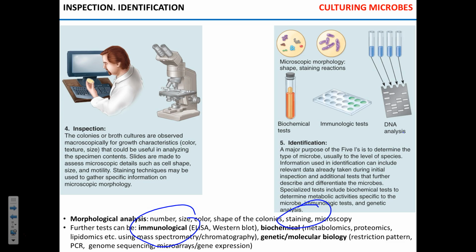It's going to be very quick, very basic, okay? We'll get to immunological, biochemical, metabolomics, fancy word. You can identify a bunch of metabolites of the microbe, what it produces. It helps you to identify them, okay? Genetic, molecular biology. You can identify a microbe based on the DNA sequence, okay?